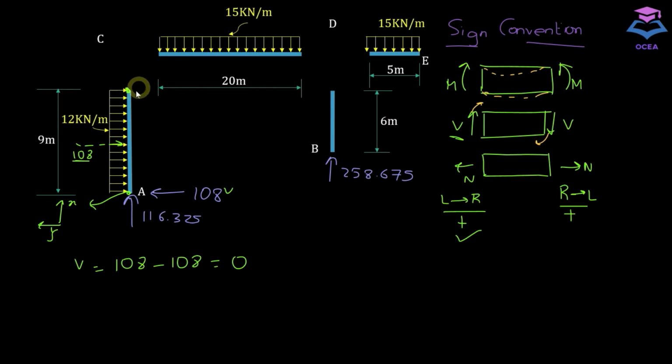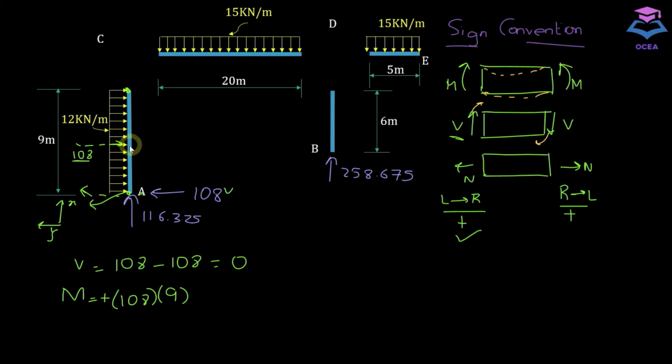Now to calculate moment, we just need to take the algebraic sum of the same forces with respect to this point. So moment is nothing but the algebraic sum. There are two forces. This force is acting in clockwise direction, and since clockwise moment is positive, this will be positive, and it has a perpendicular arm of 9 meter.